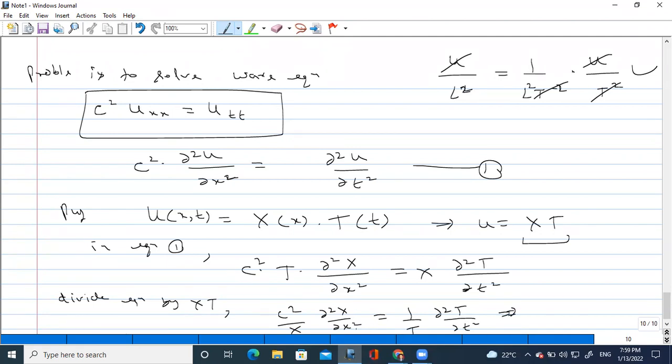If differentiation is with respect to x, that is known as X double dash. If differentiation is with respect to t, that is known as T double dot. In some books you can find it in that form also, so you must know that. This can be written as c² X double dash over X equal to 1 by T double dot over T. Note down this. But we will solve the problem by using this form only.